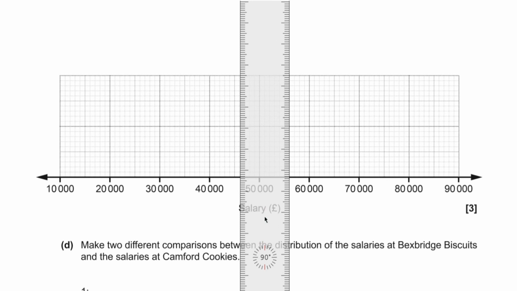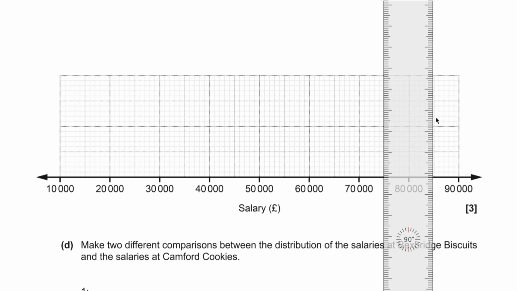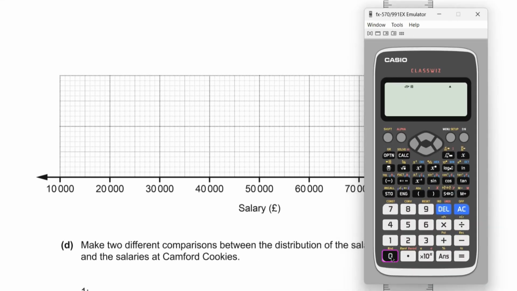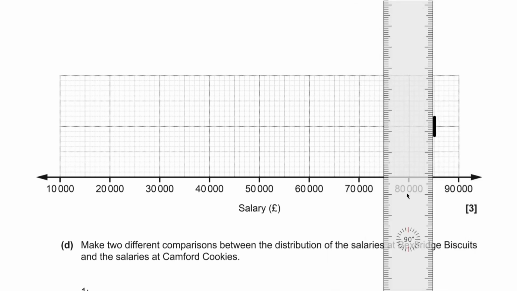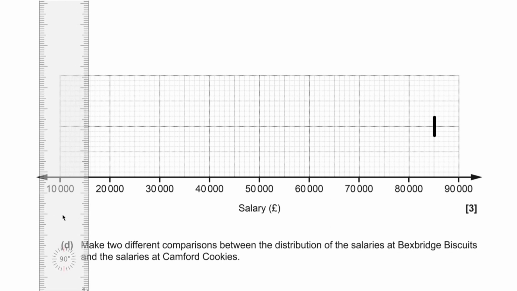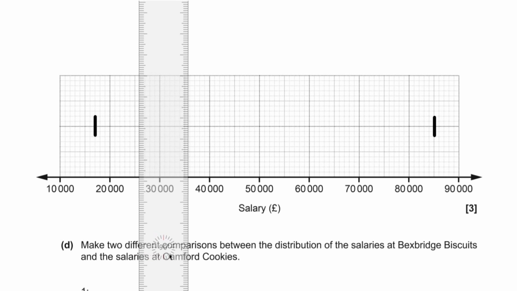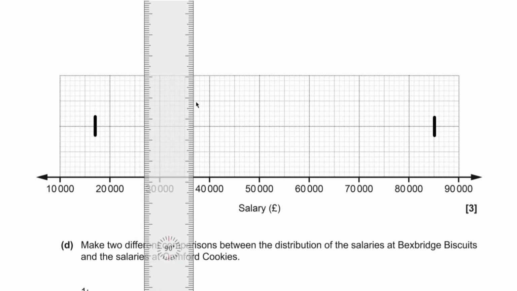So we've got the highest paid worker earning 85,000. Then we've got the lowest paid worker, which is 20% of this, so I've got 0.2 times 85,000, which is 17,000. So 17,000 is 15, 16, 17, is here. So there's the lowest paid worker. I've got the median, which is 37,000.